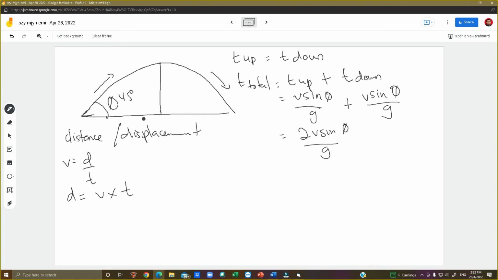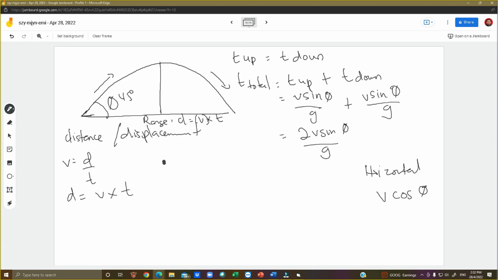Okay, so here range ni, in order to find this range, the equation you need to have is V kali T, where the V here is, ini adalah case horizontal. Ingat lagi tadi horizontal, kalau kita tengok case horizontal, the V is V cos theta.